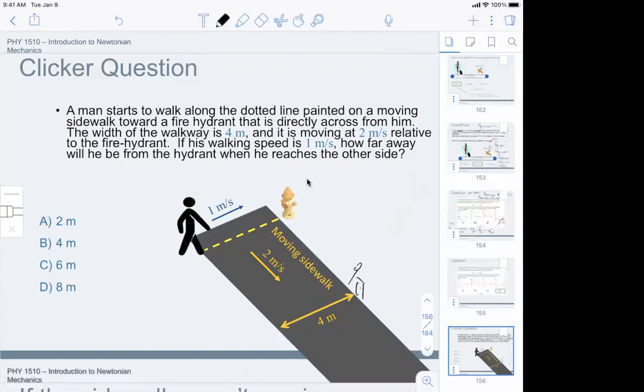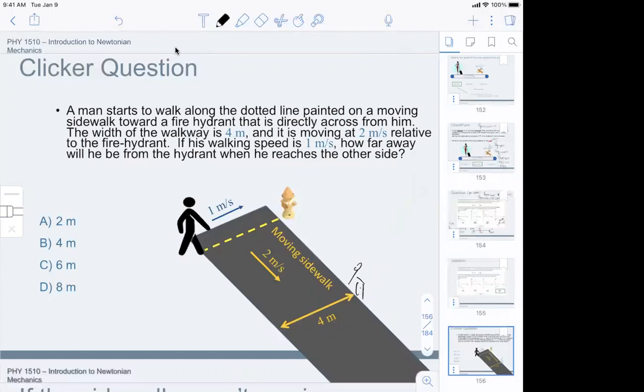I see a chat from John said it takes 4 seconds to cross. Do we agree with that? How do we get 4 seconds to cross the sidewalk? Yes, we agree. Okay.